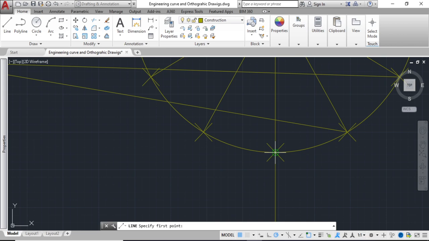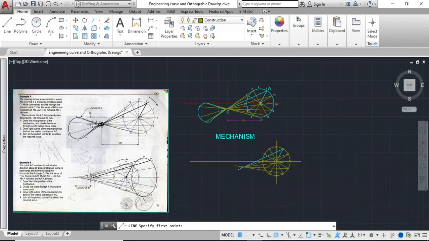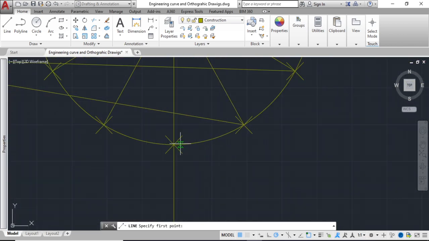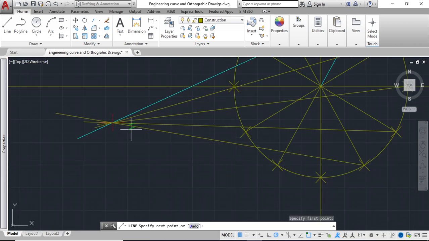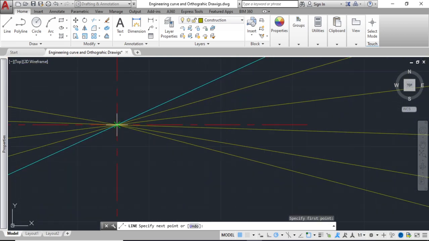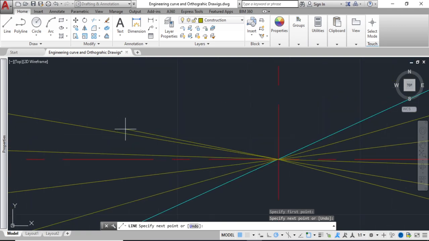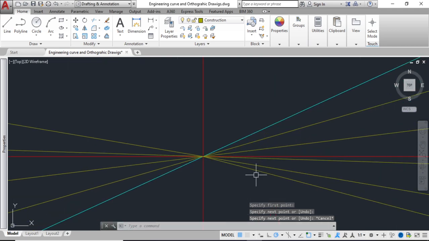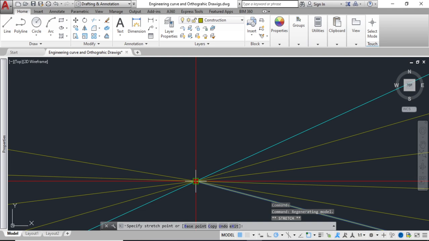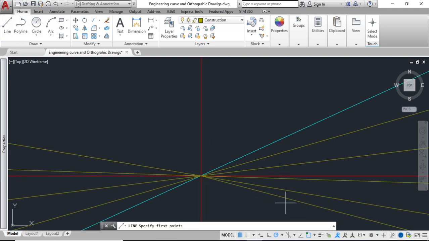I'll show you the next one. So we're doing point 5 now, from there, connect to C. And if you continue on this part, you will see. Connect there. And this is it. See?